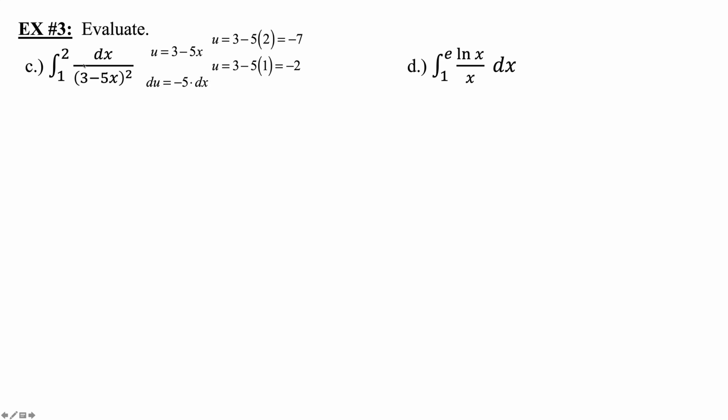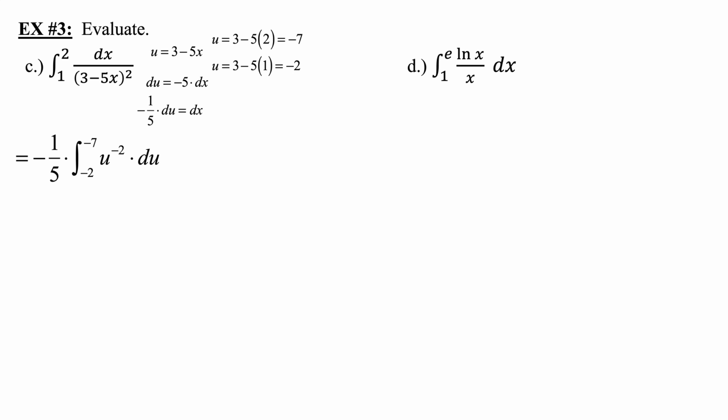Technically, the lower bound's actually bigger than the upper bound. So we can take our du over dx, so that's -5, divide over our -5 to the du, make our substitutions, and you can actually leave those numbers as is. Nothing wrong with it. You could, if you wanted, have the bigger number on top, smaller on the bottom, then take this, multiply it by a negative, which would change this to a positive 1/5. 6 of one, half dozen of the other.